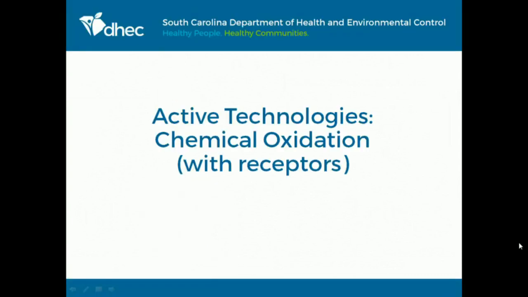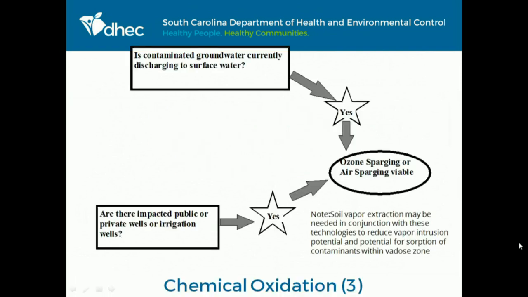But then we have chemical oxidation when you have nearby sensitive receptors that we need to look at, and the decision tree includes this. Should be on page 10. Is contaminated groundwater currently discharging to surface water? Yes. Are there impacted public or private wells or irrigation wells? Yes.